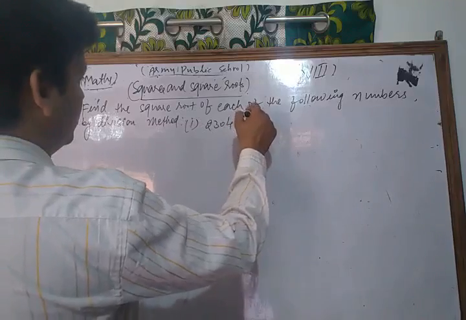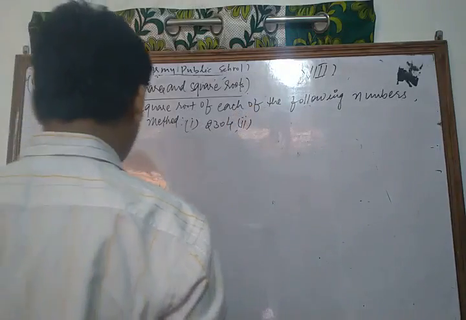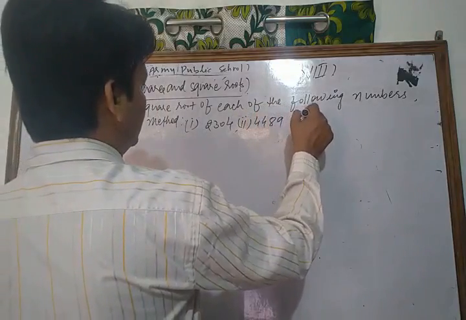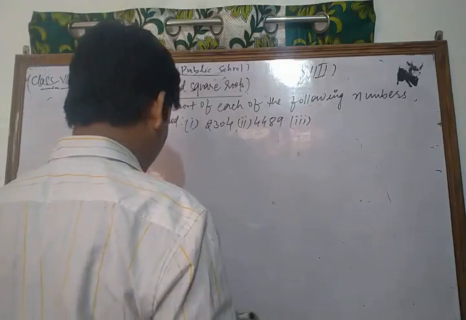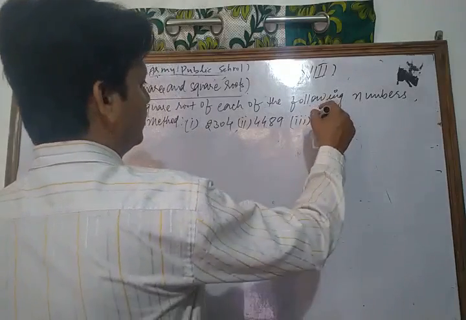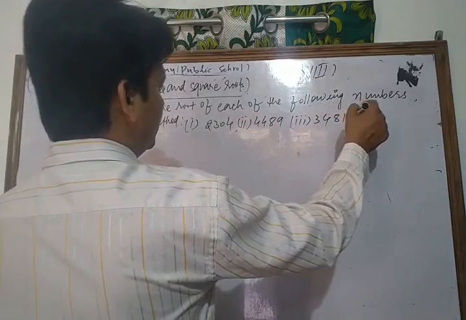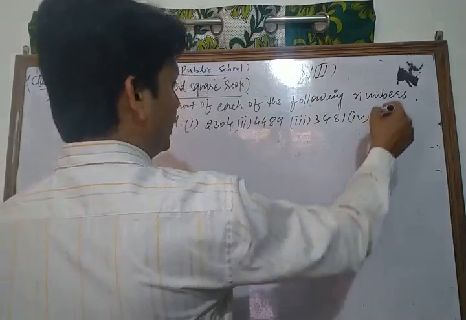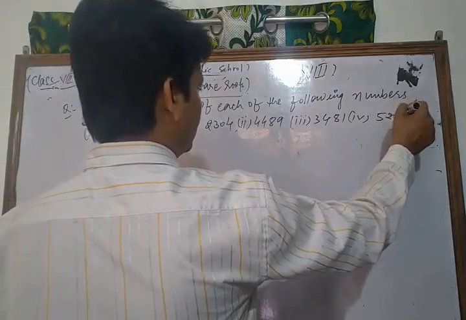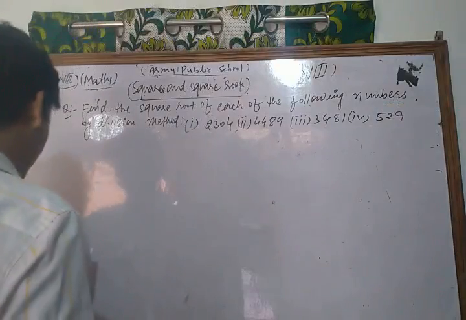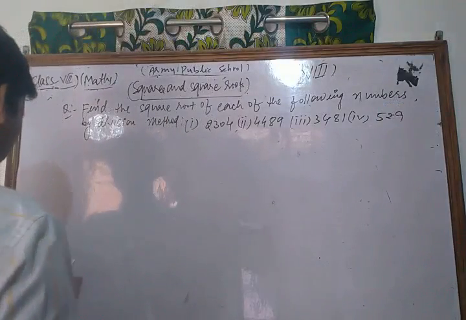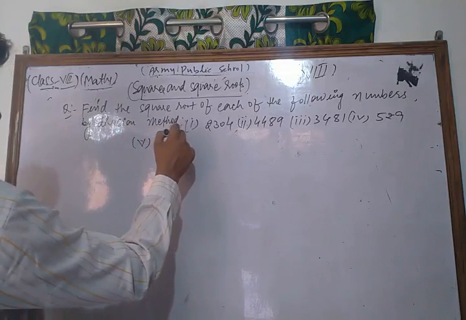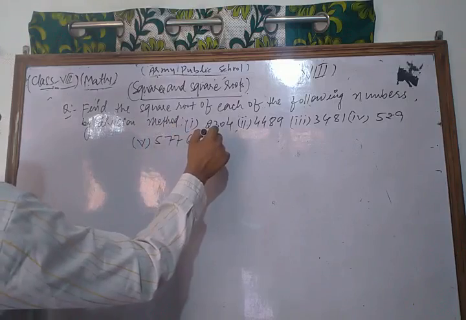2304. Second one, 4489. Third one is 3481. Fourth one, 529. Fifth, 5776.